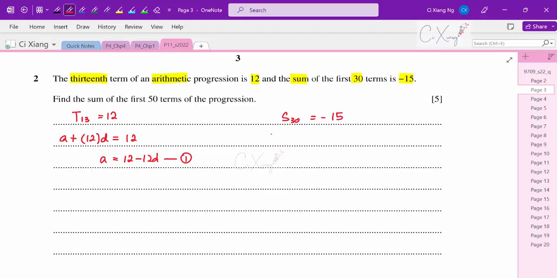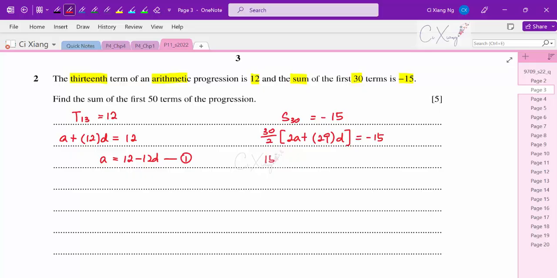According to the formula of the sum of the first n terms in an arithmetic progression, it should be n divided by 2 times 2a plus n minus 1 d. Here n is 30, so n minus 1 becomes 29d, and it equals -15.